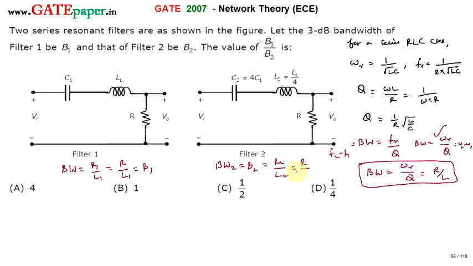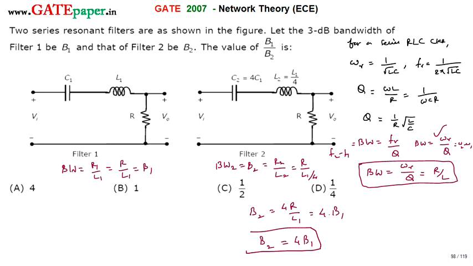R2 is R, and L2 is given as L1 by 4. So B2 is equal to 4R by L1, and 4 times R by L1 is B1. So the ratio between the bandwidths is B2 equal to 4 B1.